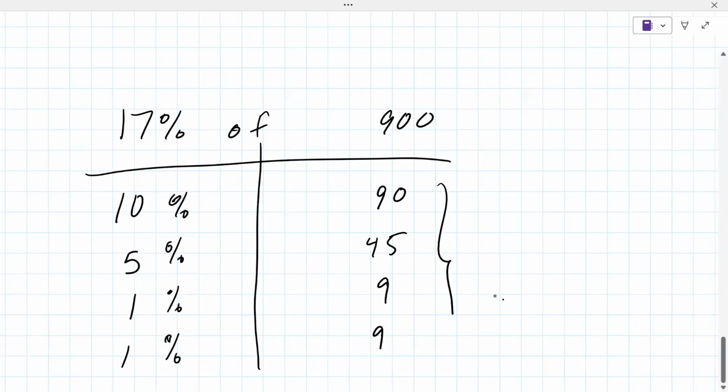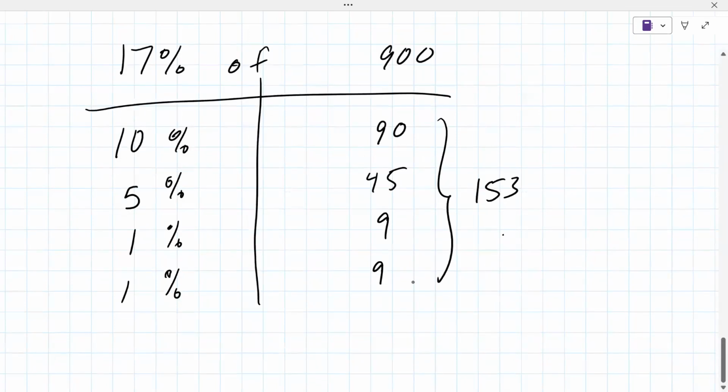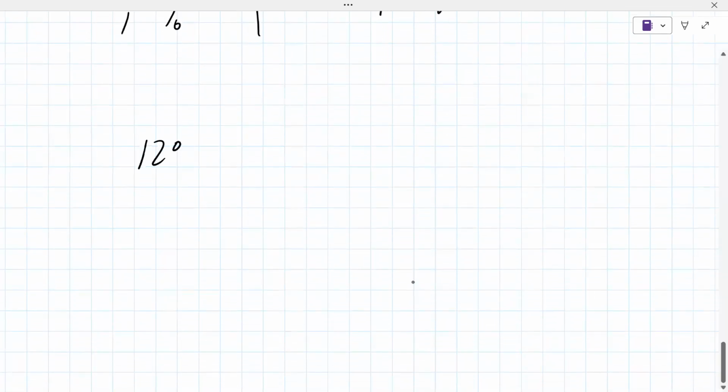We're at 153. Good. All right. So could you do a problem like this for us? Could you find 12% of 480, please?